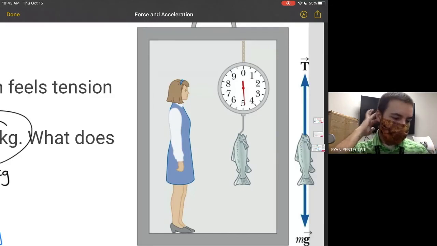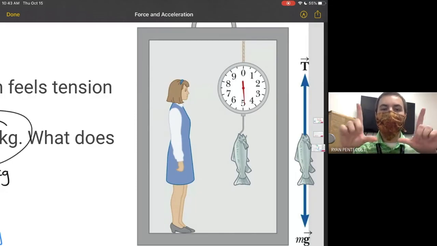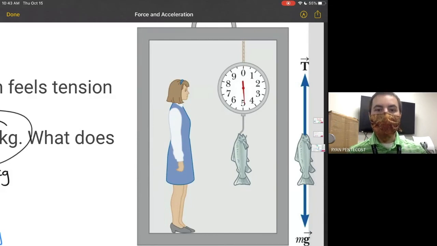But since everyone is falling at the same rate, or rather accelerating at the same rate, everyone is just in free fall, so the scale's not going to read anything.